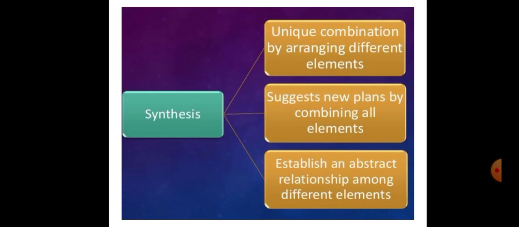What is synthesis, and what are the things that are related to it? We have unique combination by arranging different elements. As you see in the example, we have elements, and you should combine them. Suggest new plans by combining all elements. Establish an abstract relationship among different elements.